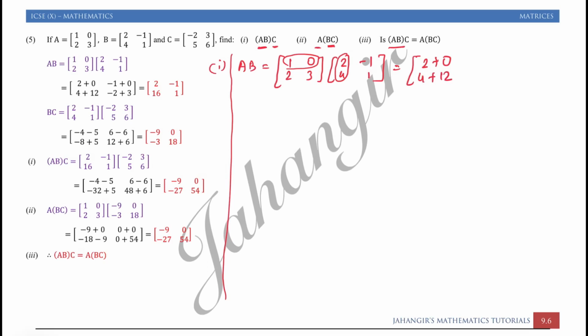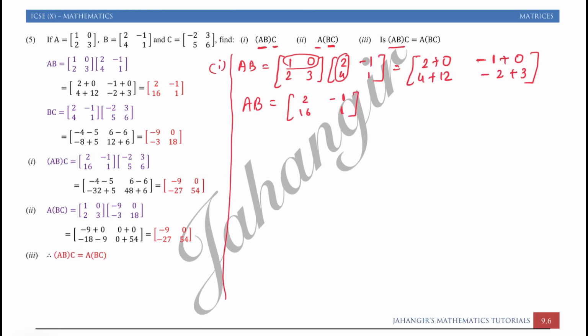Then again first row, second column, 1 into minus 1 is minus 1, 0 into 1 is 0, 2 into minus 1 is minus 2 plus 3 ones are 3. So AB is equal to 2, 4, 16, minus 1, 1.